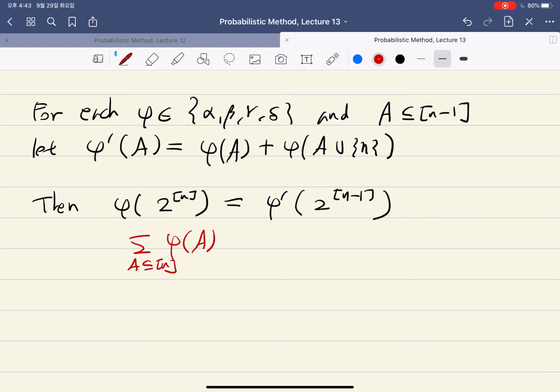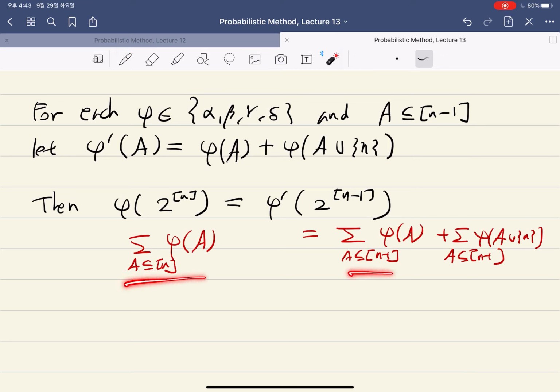This, and the right-hand side is the summation of all A within n minus 1 plus all A union with n, and these two summations are obviously the same.